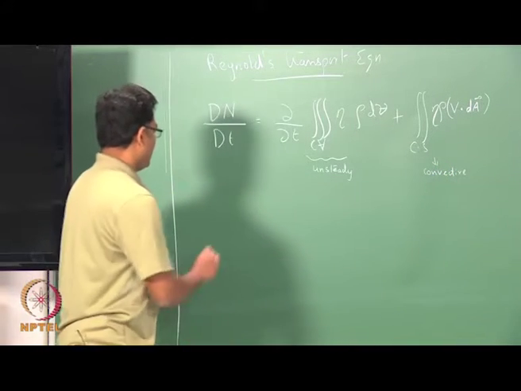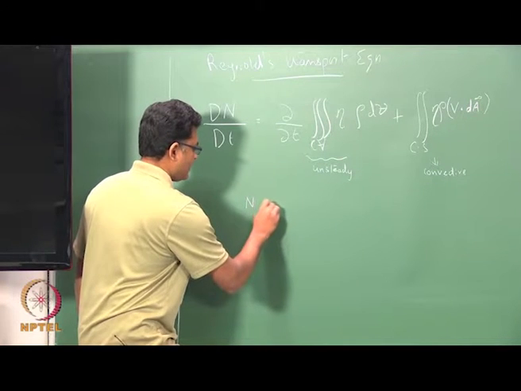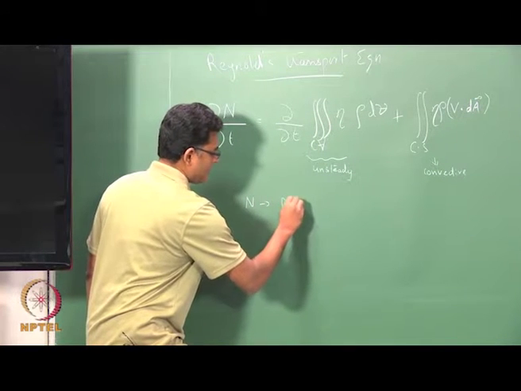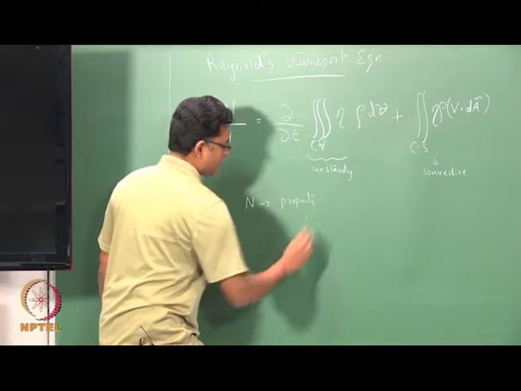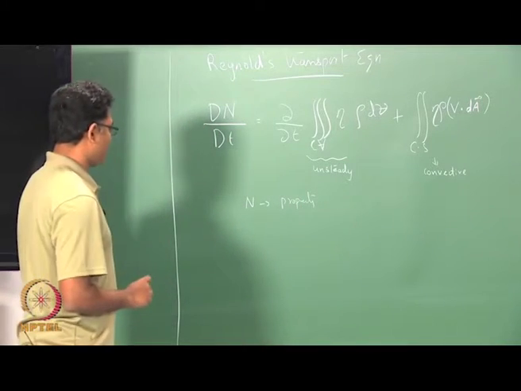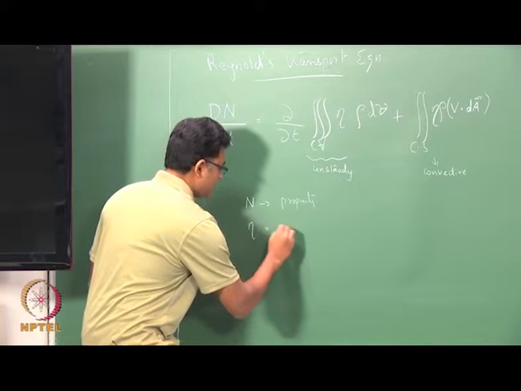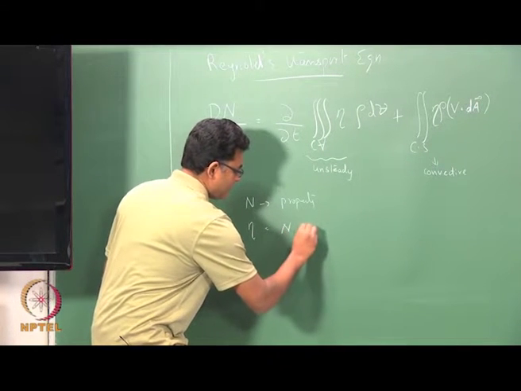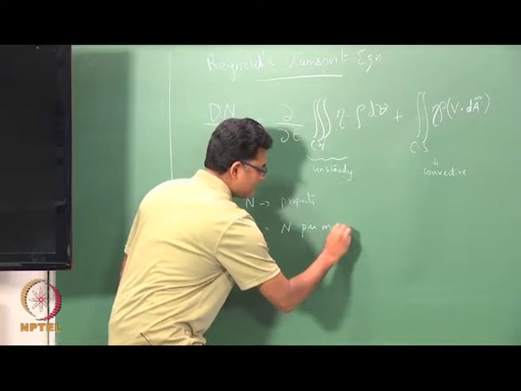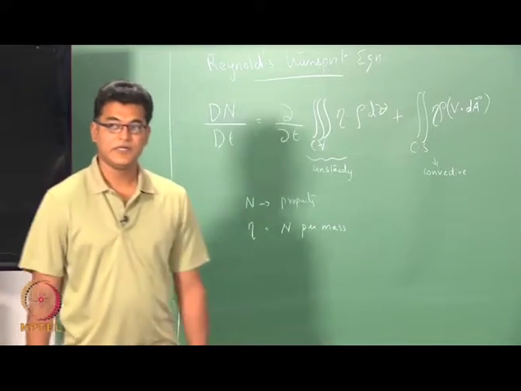And N is the property that we are trying to find, the property of interest, and eta is N per mass, the property per unit mass.